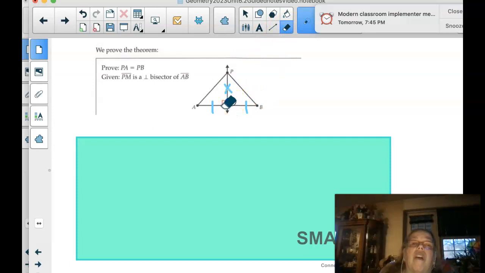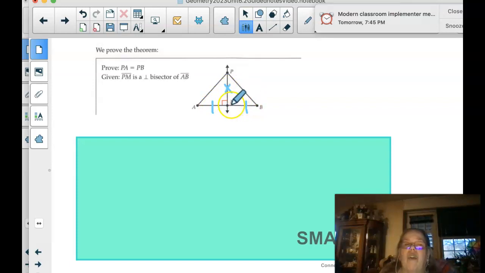Let me fix this for a second. Okay, so it's in both triangles. Yes, PM. Thank goodness it's not PMS. It's in both triangles. So what do I know? I have two congruent triangles by side, included angle, side.